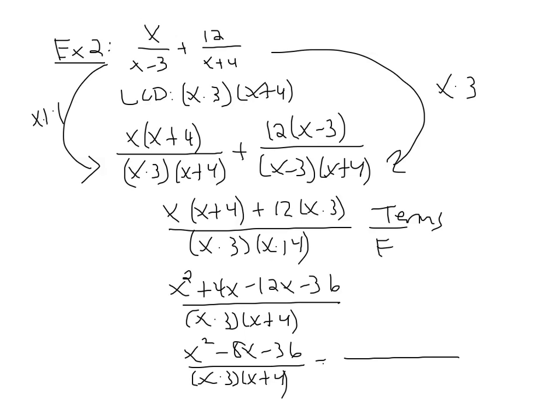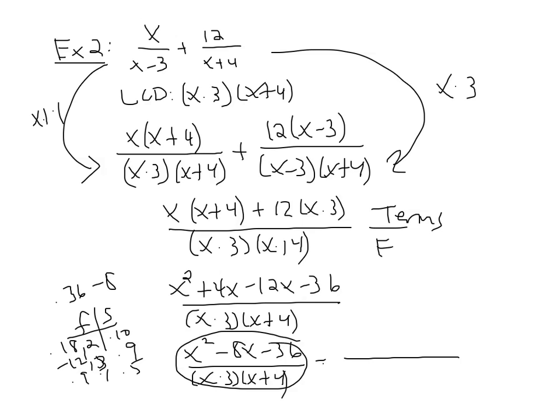So let's see, can we factor this? Two numbers that multiply to negative 36 and add to negative 8. Let's see, negative 18 and 2, no. 3 and negative 12, nope. And negative 9 and 4, no. So actually, what we have here is our final answer.